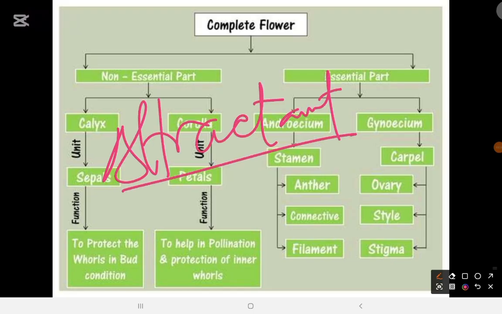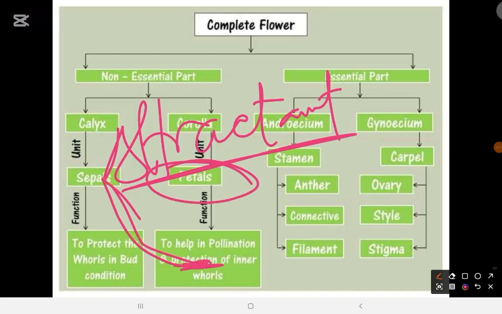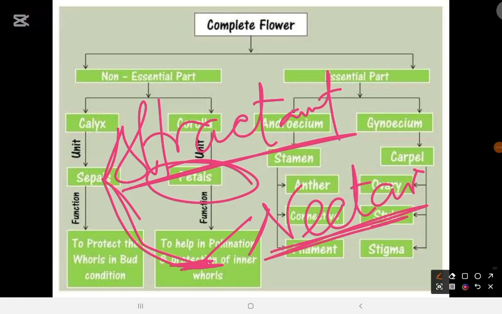One of the ways by which it does that is that at the base of the corolla, or the group of petals, we have what is called nectar. This nectar is a sweet juice that pollinators such as insects, majorly insects, are attracted to, or some birds as well.